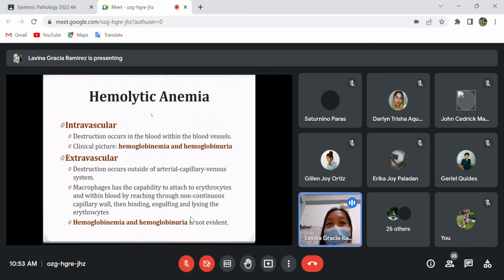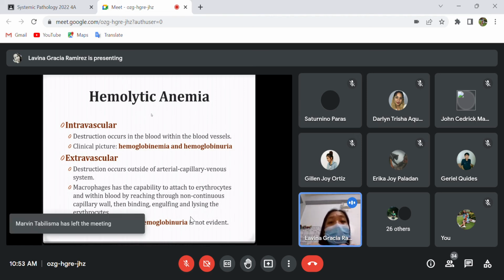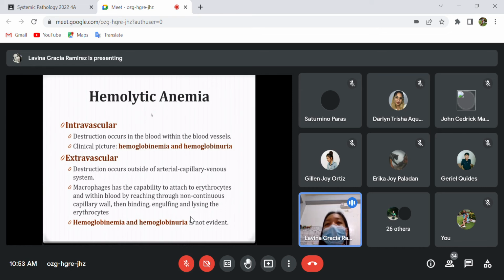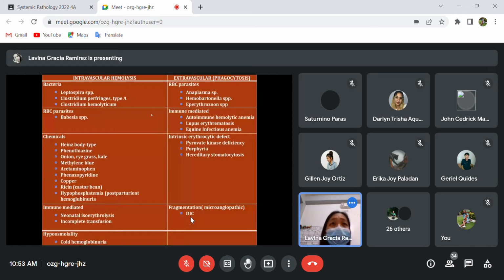That's why in the clinical picture, hemoglobinemia and hemoglobinuria are not present in extravascular, but are evident as manifestations in intravascular hemolysis.